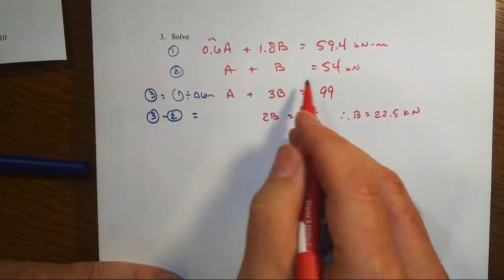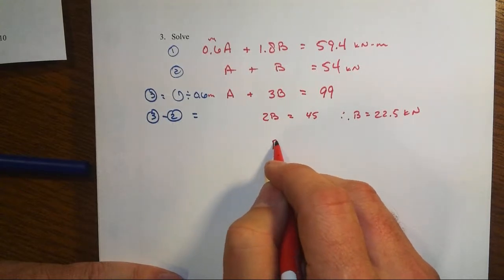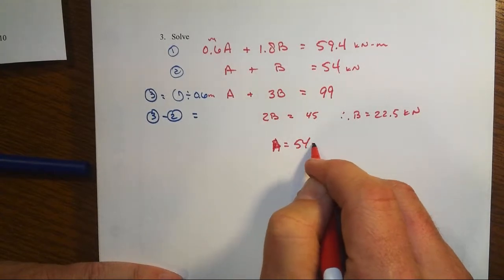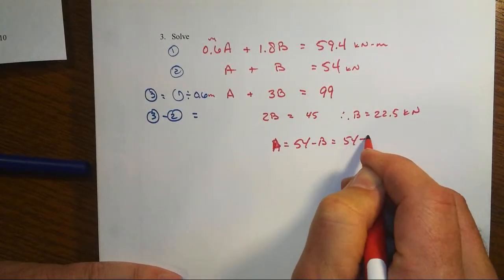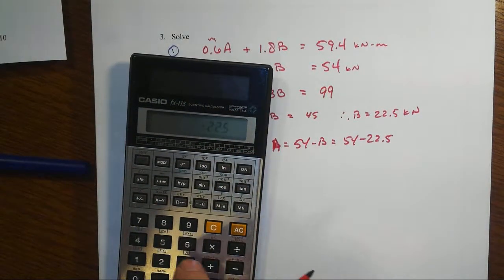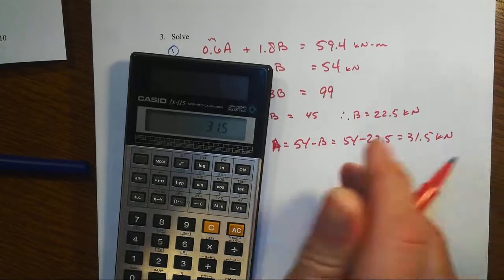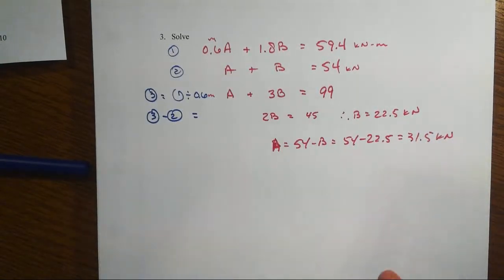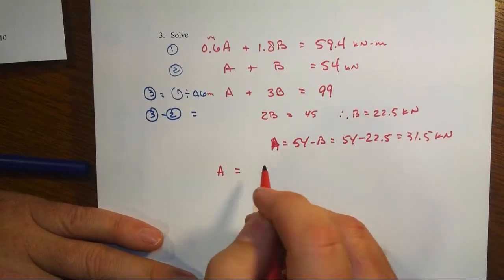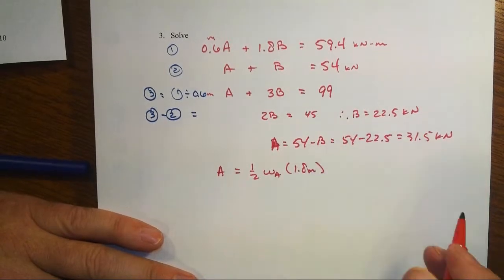And of course, now that we have this one, if B is 22.5, then A equals 54 minus B, 54 minus 22.5, and that means A equals 31.5 kilonewtons. Right? Now that's not what we were asked for. Instead we have, well, A was equal to 1/2 of WA times 1.8 meters.